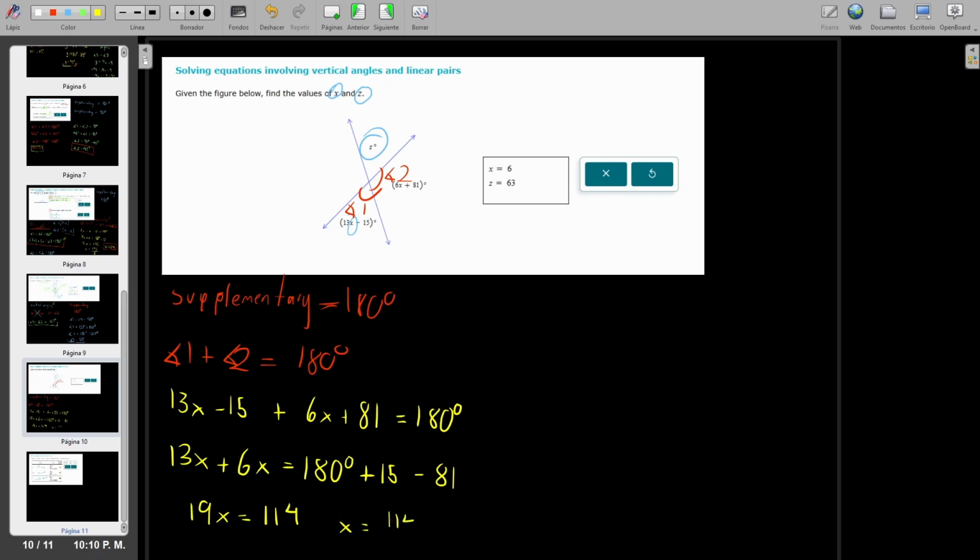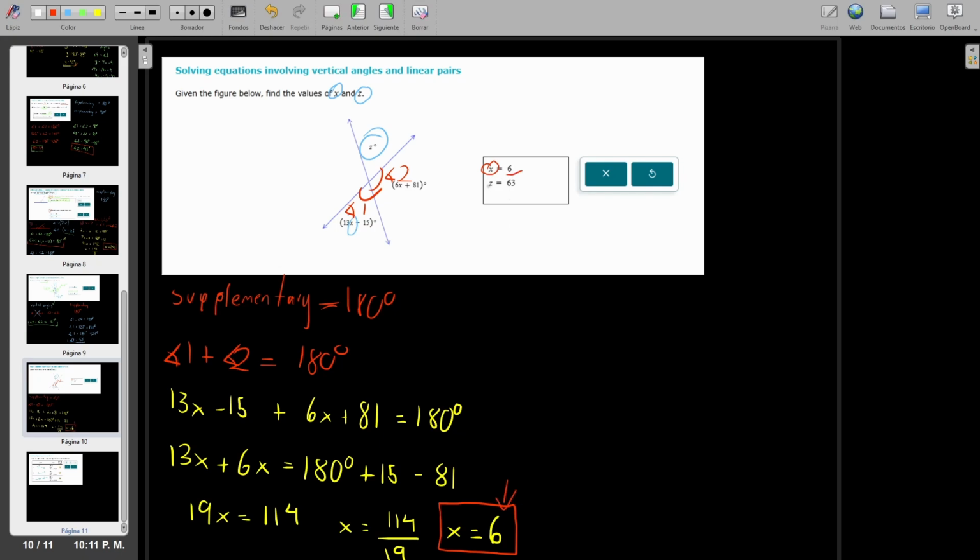It's going to be 114 over 19, and x is going to be 6. That is the correct value, 6. They ask us to find the value of x. Remember, only the value of x, which means that the value is 6.